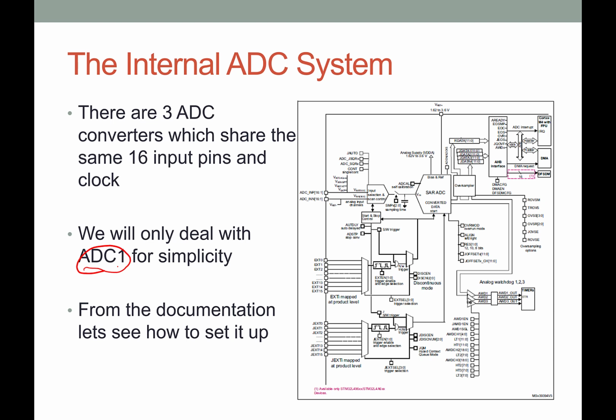There's a couple of things here that are sort of important that maybe we'll go over a little bit more. Here's this J stuff. You might say, what's that? That's the injected channels. We're not really going to use those, but that is what they're there for, and I'll talk a little bit more about them when we do that chapter of the book. Here's the analog watchdog 1, 2, and 3. What's that?